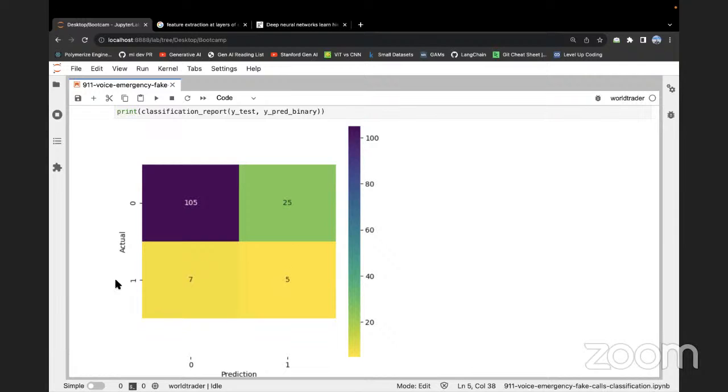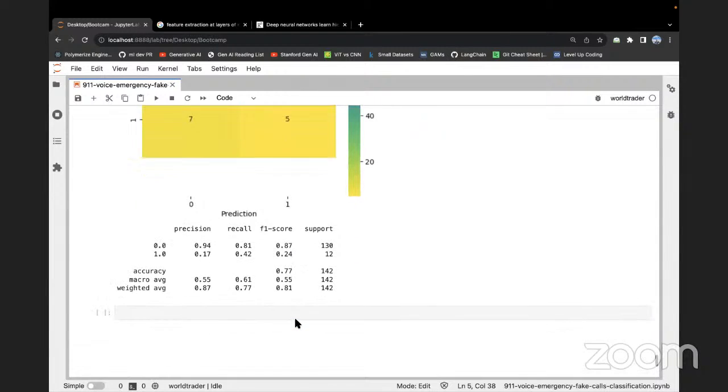So out of 12 cases which were false alarm, I was able to detect 5 such cases. I predicted them as false alarm. I could not detect 7 cases. And out of 130 non-false alarm cases, I was able to detect 105 non-false alarm. 25 I predicted as false alarm. Okay, that is what the confusion matrix says.